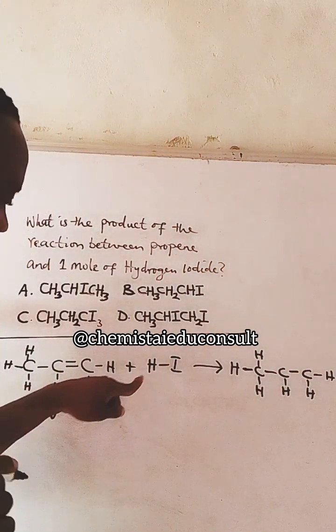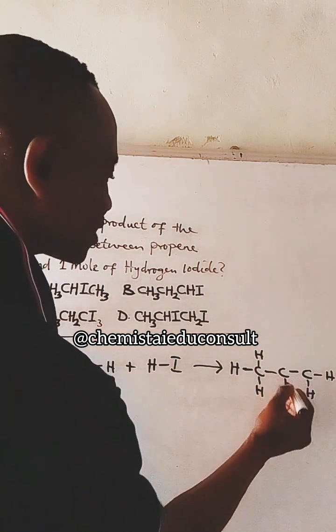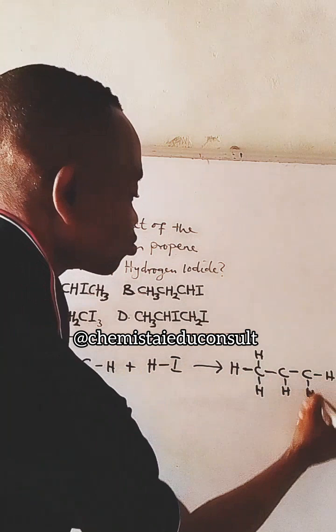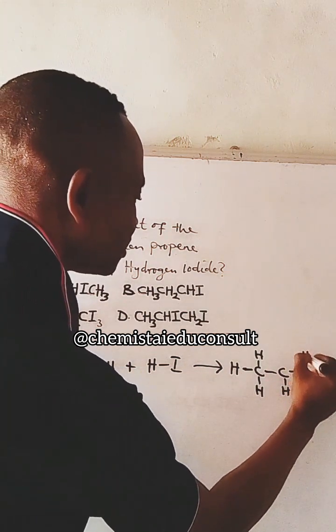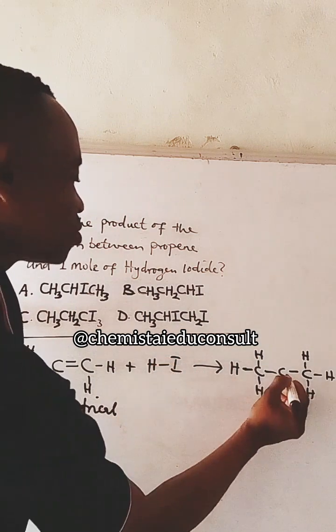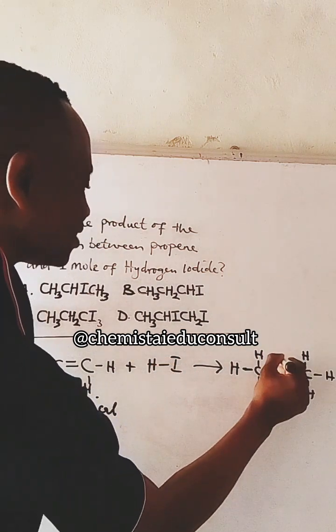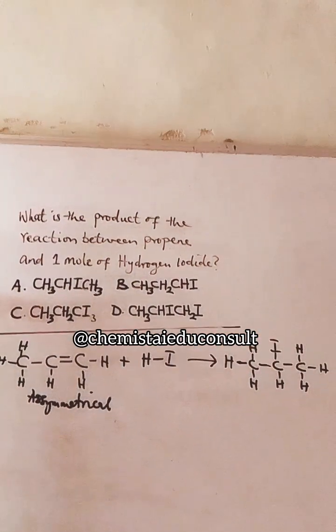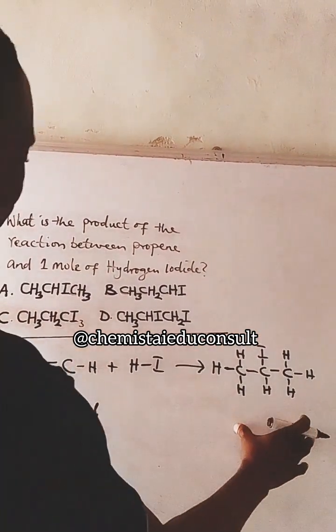Now, this hydrogen is actually going to the carbon that has 2 hydrogen atoms, and you have it there. While the halogen, which is iodine, is going to the carbon that has only 1 hydrogen, and that is it. So this is the molecule, the product formed.